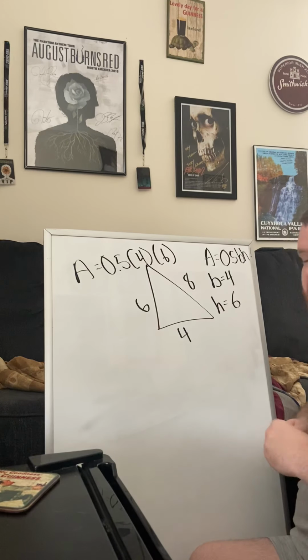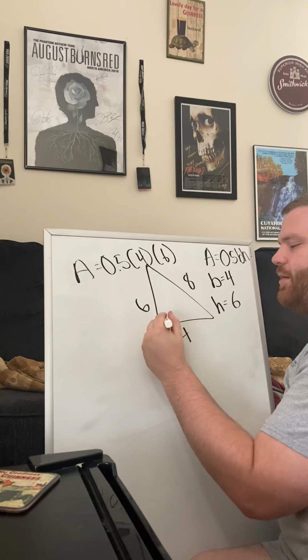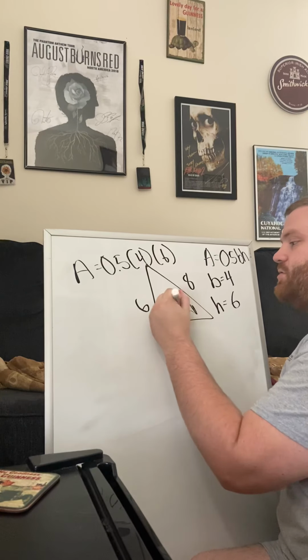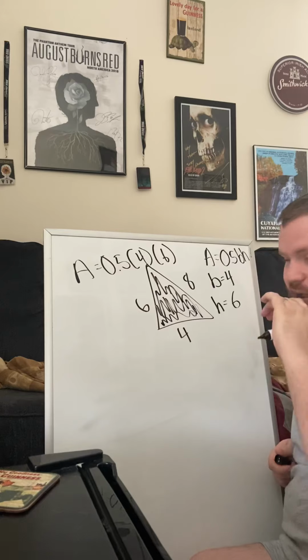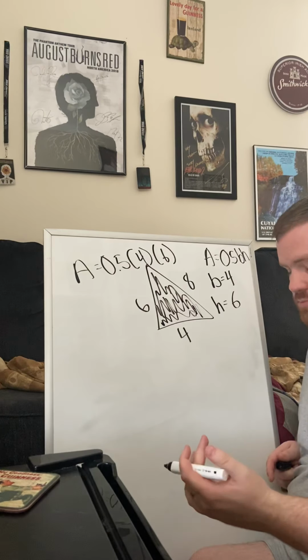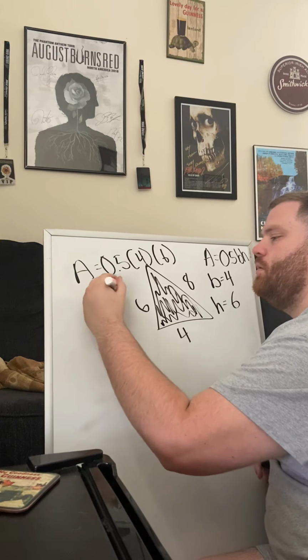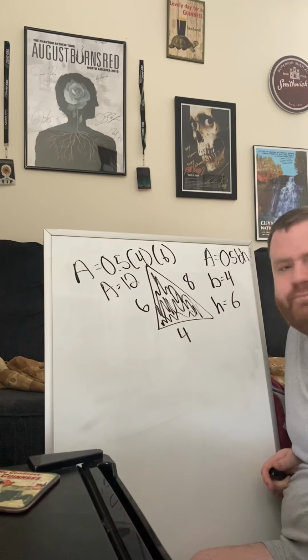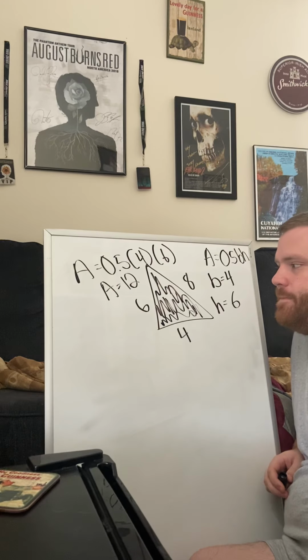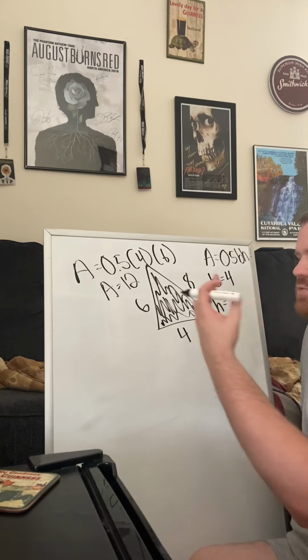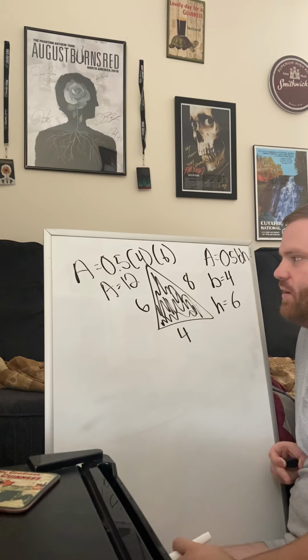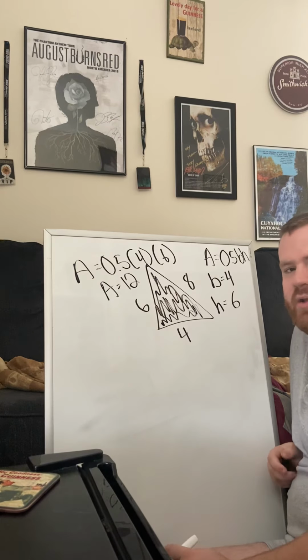And remember, area is everything that fills up the inside of a two-dimensional figure, right? Because remember, we're still doing 2D here, flat shapes. So the area is 12. Okay? It's as simple as that. You just have to know what base means, what height means, what area means, and apply it to your formula.